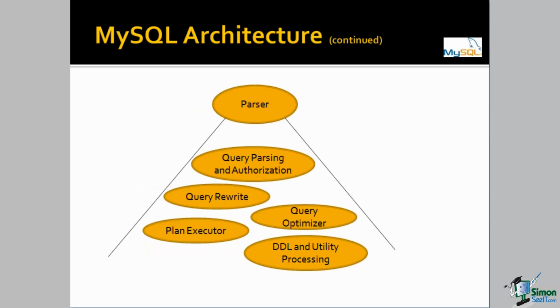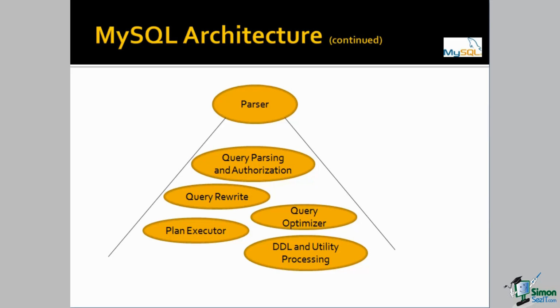So once we've gotten our connection and we've passed our query into the MySQL environment, we have a thread with dynamically allocated resources for execution of that query. The query is then passed to the parser. The parser category has several components that comprise this parse function within the MySQL architecture.